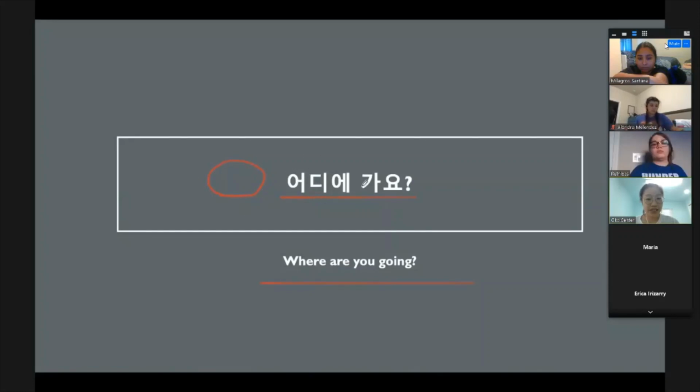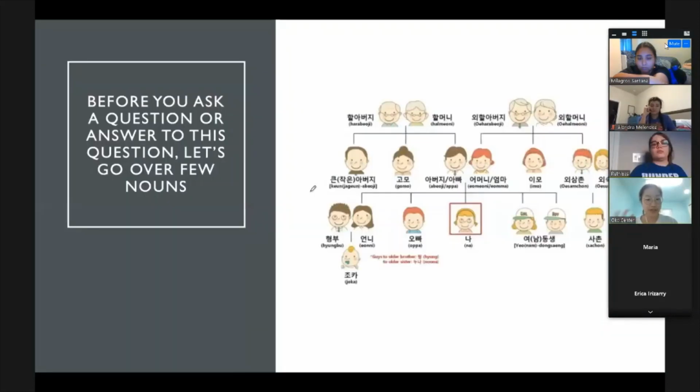And this 어디 means where. So you can add places as well. You can put the noun that you're referring to, and then 어디, and it could be a place that you can add. We'll go with more examples, and it makes more sense.